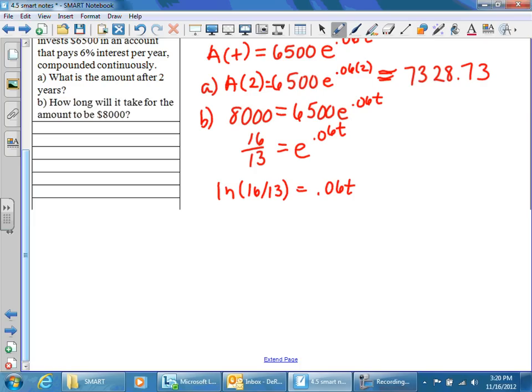And remember the ln of E is just 1. So now to solve for T, I'm going to divide by 0.06. And this is approximately 3.46 years.